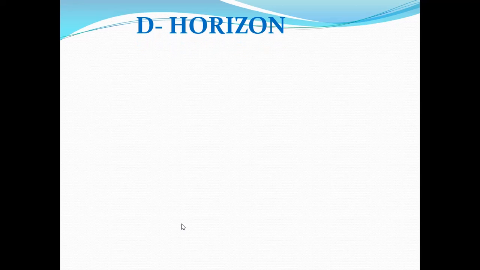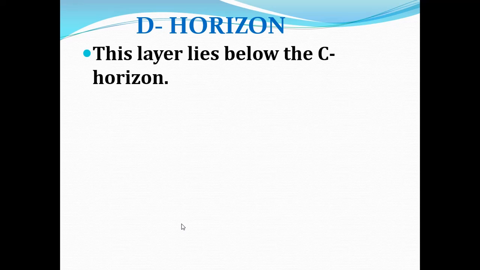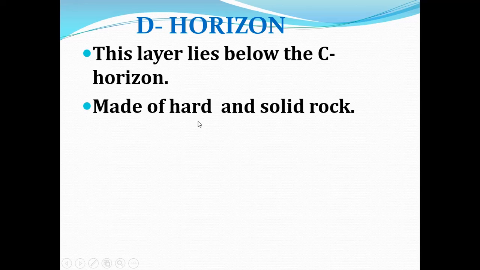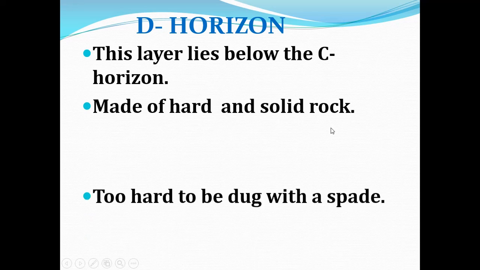Now the last, that is the fourth layer of soil, is D horizon, which is also known as bedrock. This layer lies below the C horizon and is made of hard and solid rock.